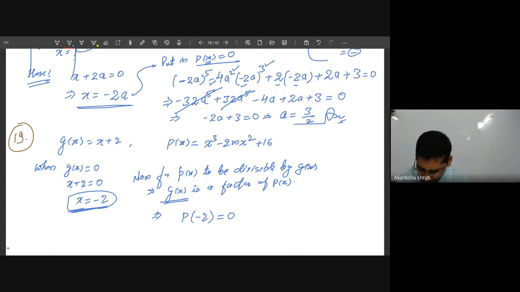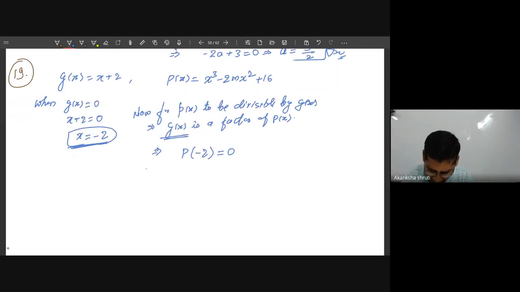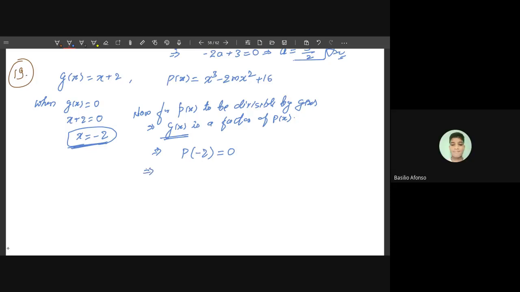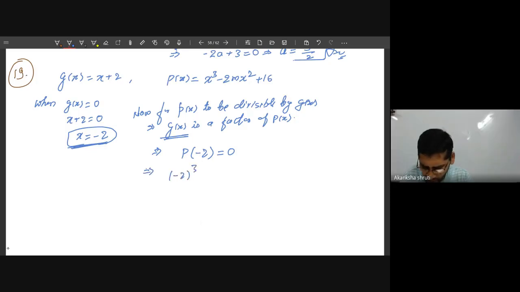Now see, substitute x equals minus 2 here. This will come in terms of m itself. So this implies (-2) cube minus 2 times m times (-2) square plus 16, and this has to be equated to 0. Keep that in mind.